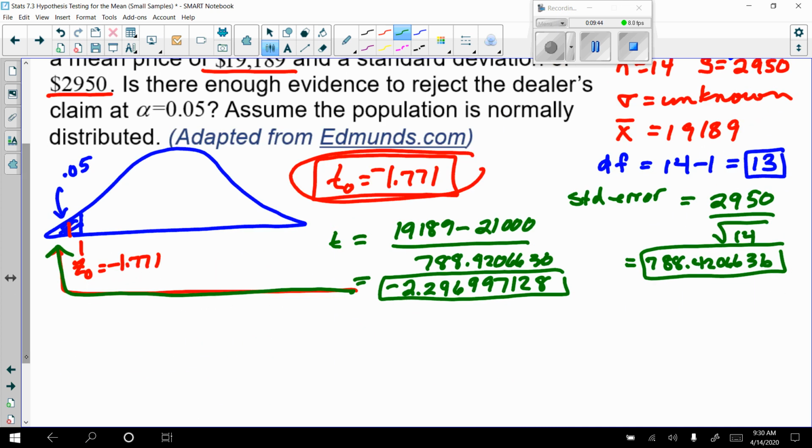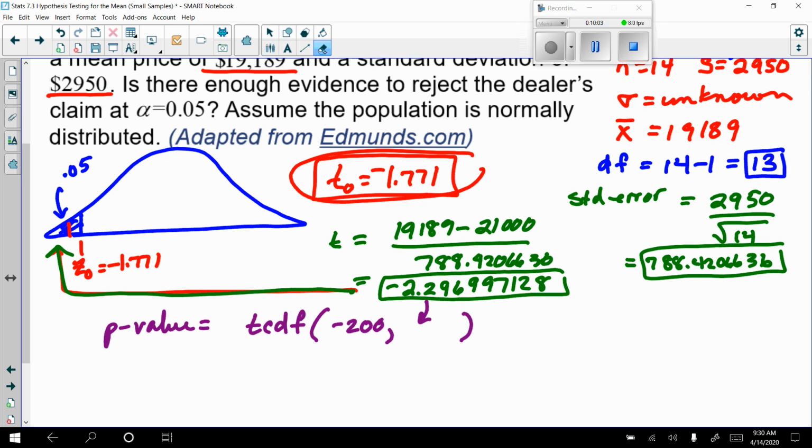But even if we weren't sure, we could find our p-value, which will be tcdf of negative 200 to this t-score, negative 2.296997128.